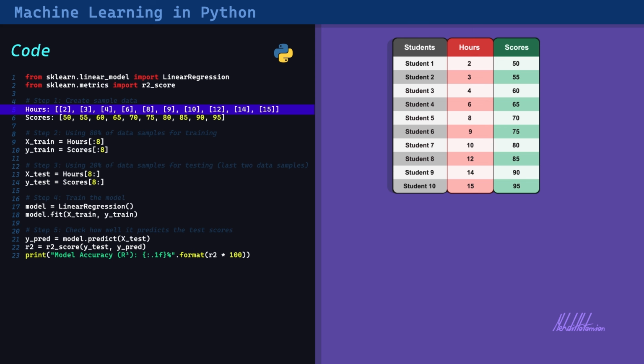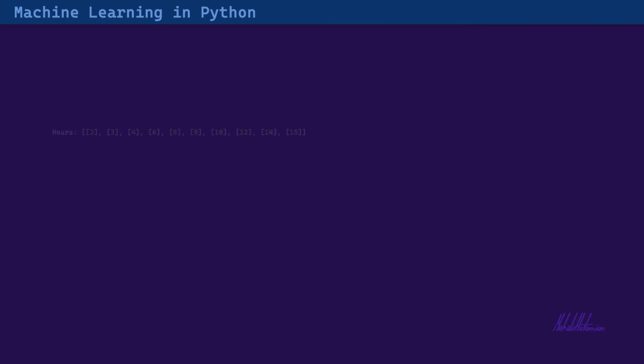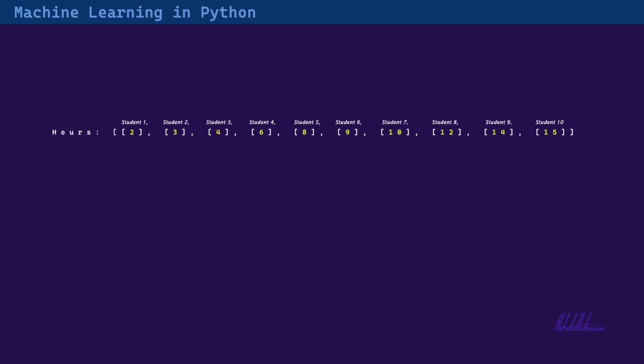Let's pause for a moment to see why we have inner brackets here. Each inner list represents one student, so this is one sample. Inside that inner list, each value is one feature. Right now, there is just one feature, hours studied. But if you want to add another feature, say age, you would simply stretch each row to hold two values.